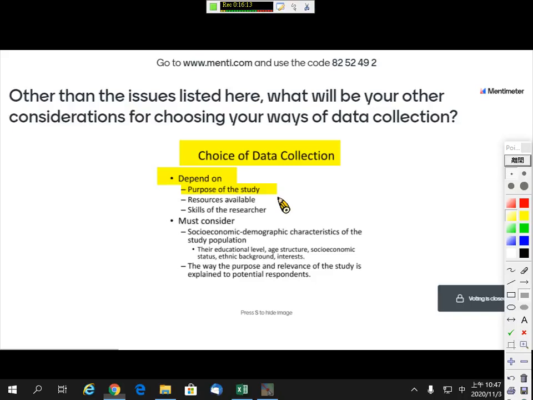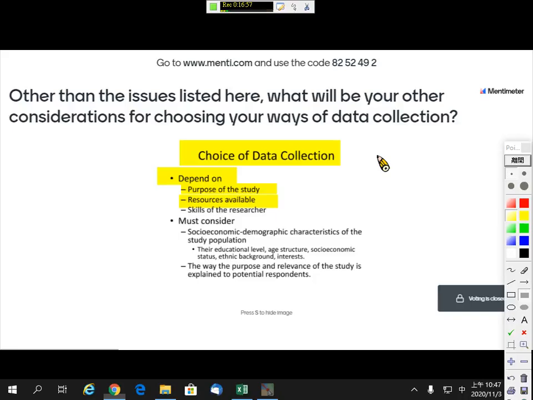So it would be very possible for you to collect data through questionnaire, because questionnaire can be applied to a larger number of respondents at one time. Can you do interview? No, because the small sample of interviewees cannot represent the Taiwanese. So if you look at the research topic, the purpose of the study is to identify Taiwanese perspective on something. Since Taiwanese are so huge, in this case, questionnaires may be good. Is that right? Okay.